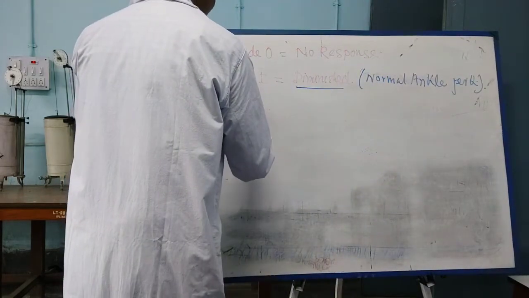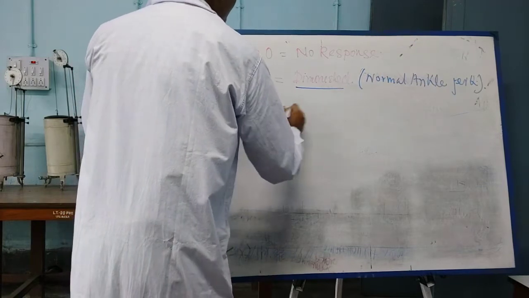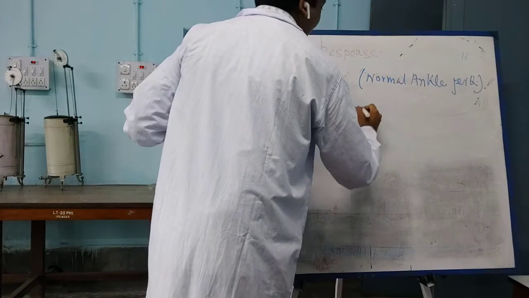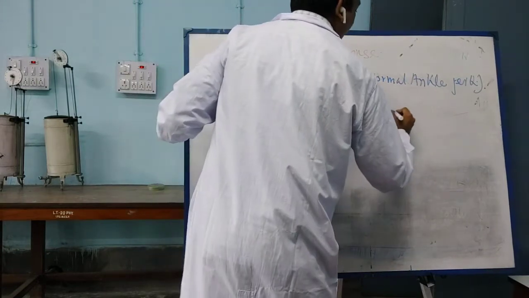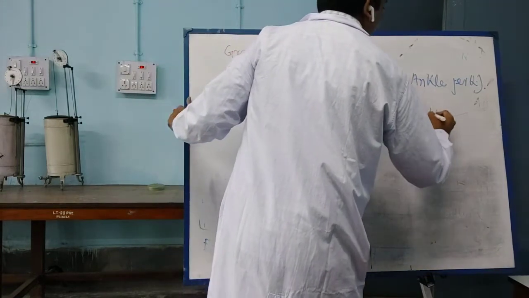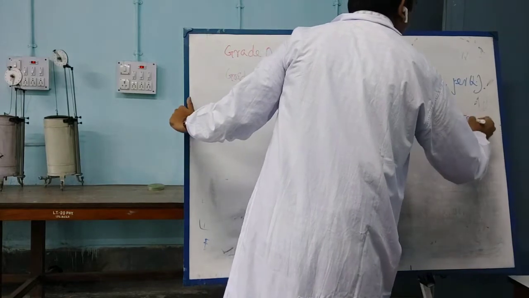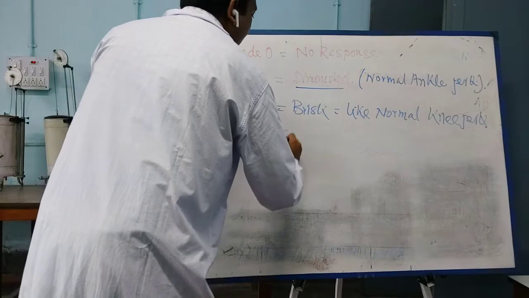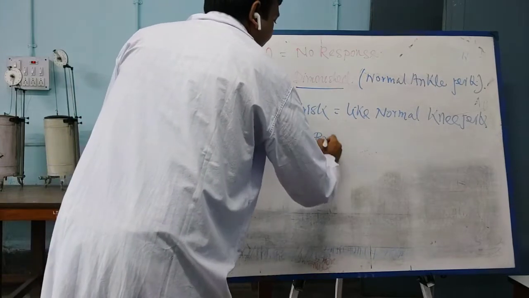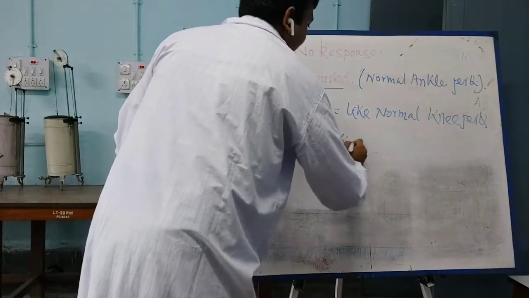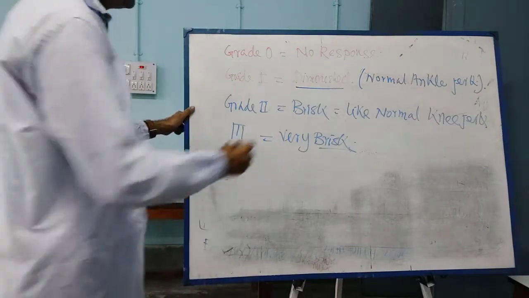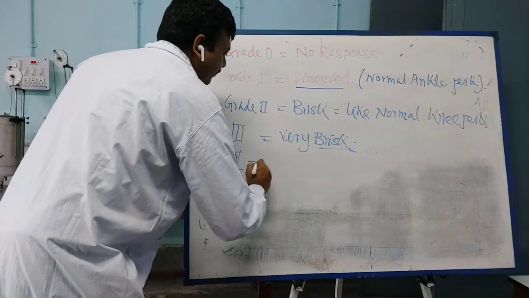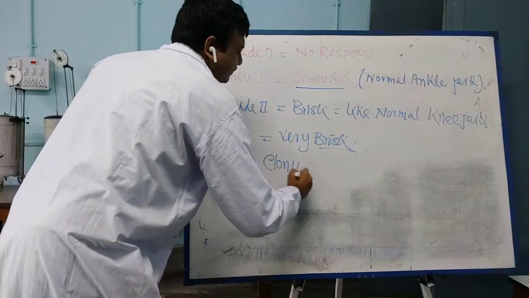Grade 2, reflex is brisk, like normal knee jerk. Grade 3, very brisk, present in case of tension, anxiety, etc. And grade 4, it is clonus.